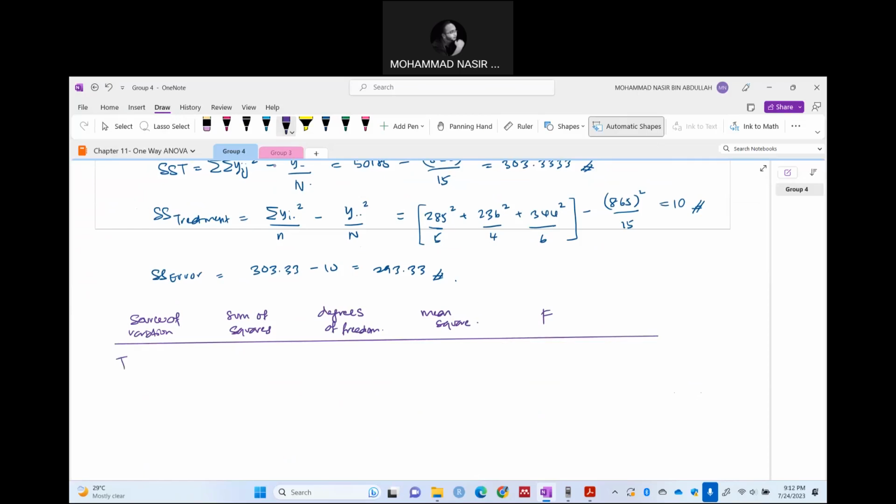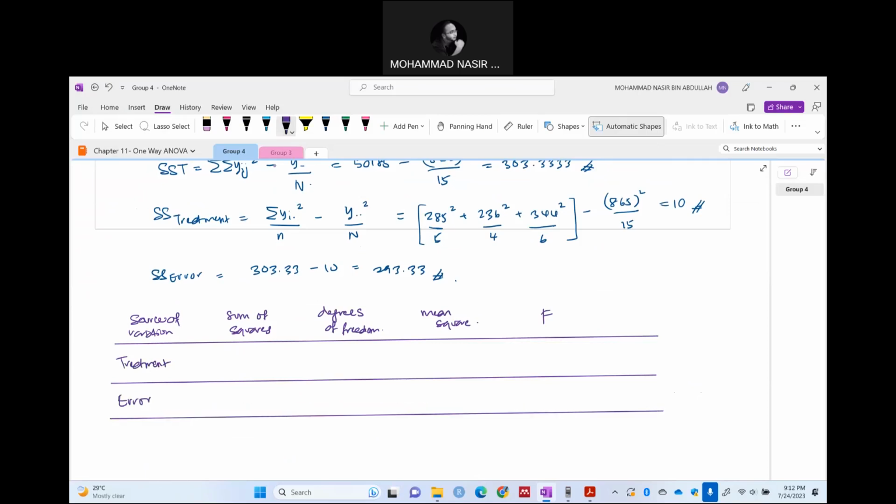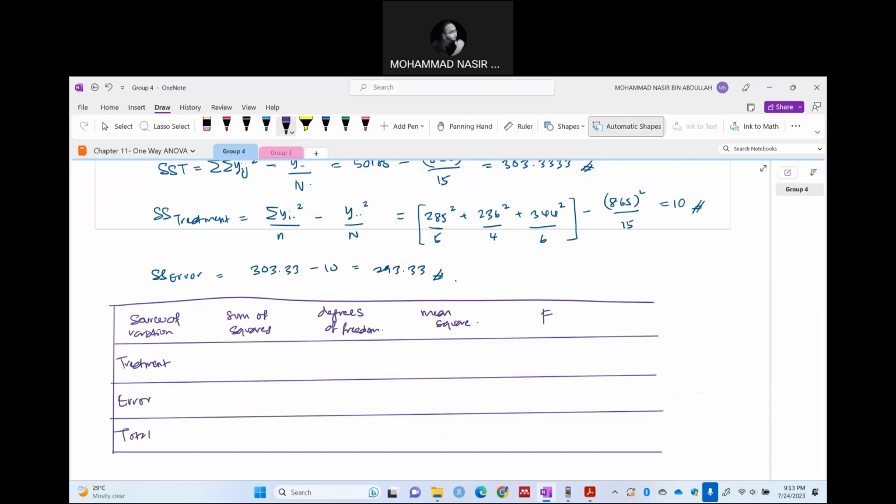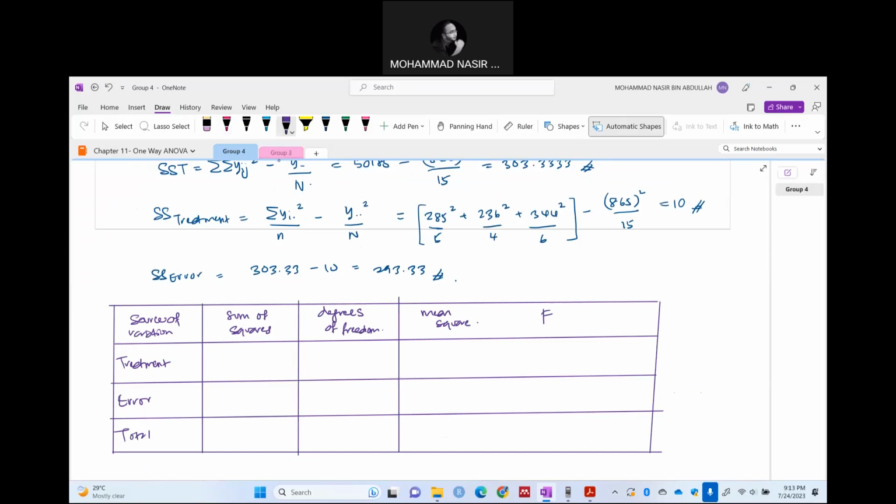Right, so we have treatment and error. And last is total. So plug in the value.